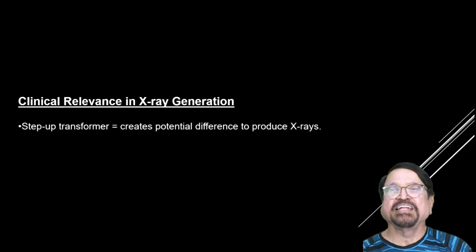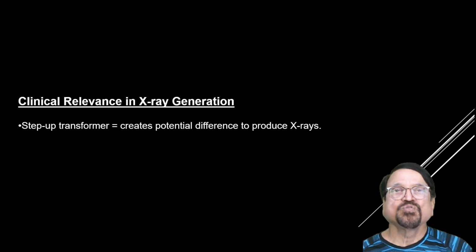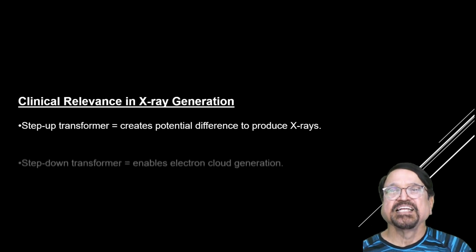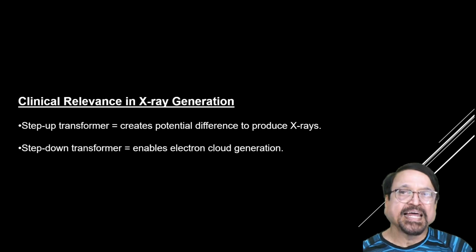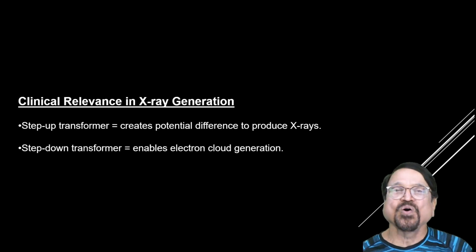Now what is the clinical relevance of the generator? Step-up transformer creates potential difference to produce X-rays. Step-down transformer enables electron cloud generation which is required for X-ray generation. It is a source of the electron, source of the photon. It is a source from which the X-ray tube gets the electrons and they get converted into photons.